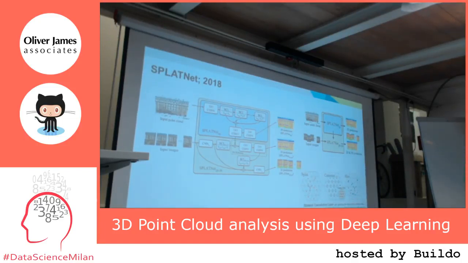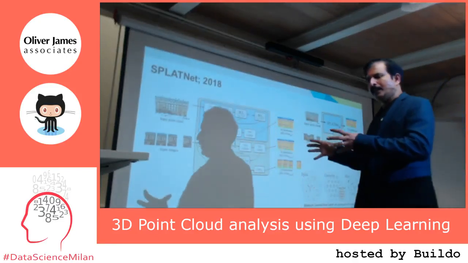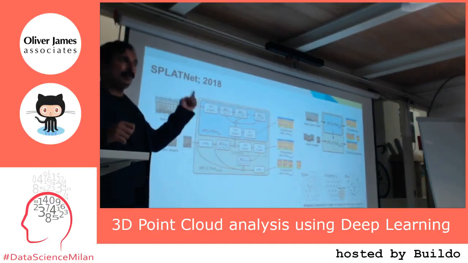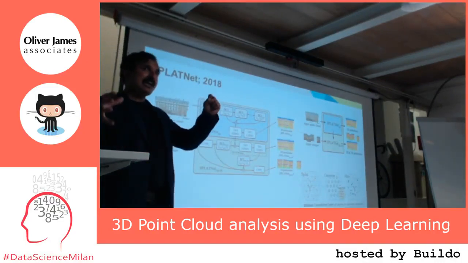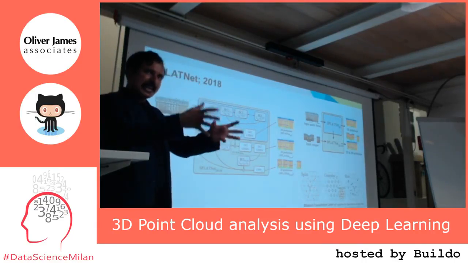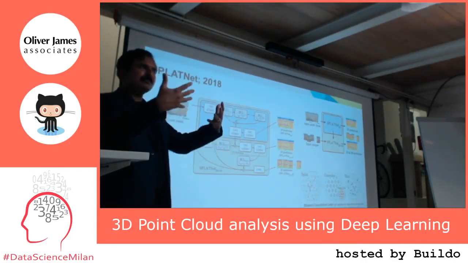Sparse lattice network, published around 6-8 months ago, also accomplished tremendous results, especially in semantic segmentation. The interesting part in this case is they not only came out with a model that can process the point cloud as is, it can also take point clouds and 2D images of the same scenario and run them together.